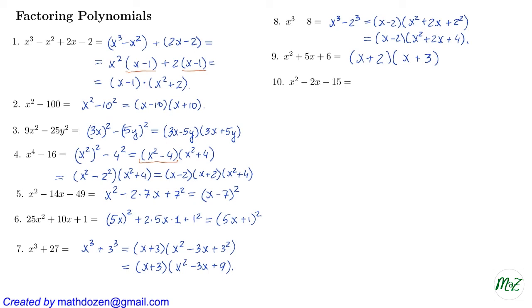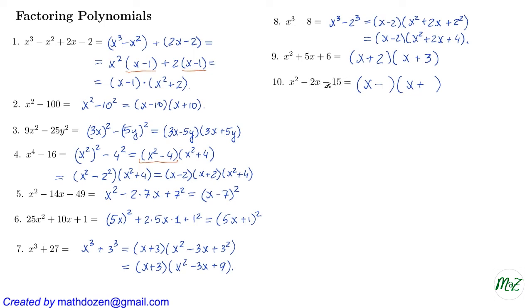In problem 10, we're looking at x squared minus 2x minus 15. So see that 15 again is not a perfect square, so it's probably not going to be a square of the difference or a square of the sum. So try to work it into two parentheses. And we need to split negative 15 into two factors so that their sum is negative 2.